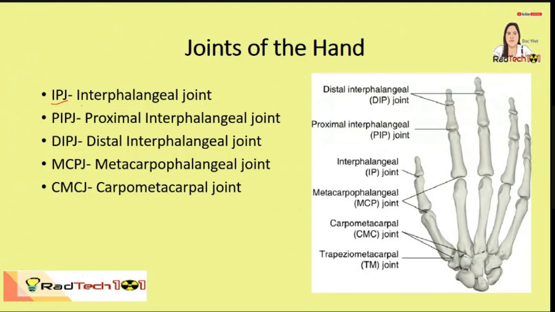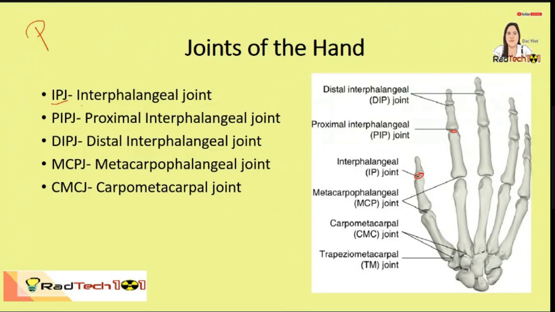Ito siya, yung joint. Interphalangeal joint, meaning between the phalanx, between the proximal and the distal phalanx, or between the proximal or the middle phalanx. Ito, interphalangeal joint.